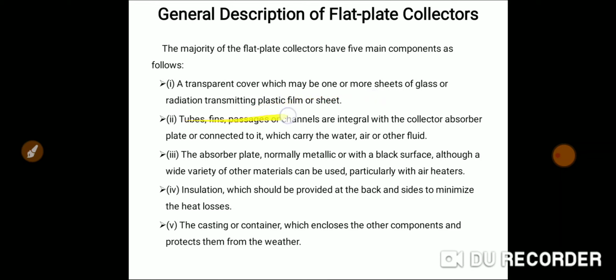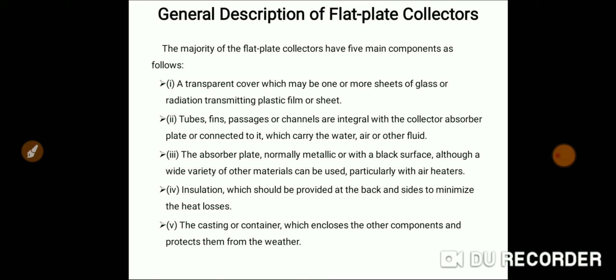Second is tubes. These tubes are made up of copper, aluminum or steel. These tubes are painted black to harness maximum amount of solar radiation. Number third is absorber plate. Absorber plate is a metallic plate whose thickness varies from 1 to 3 mm, and this plate is also painted with black surface to harness maximum amount of solar radiation.